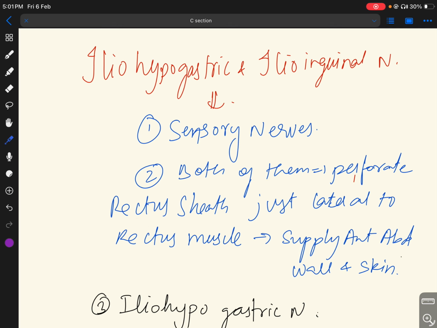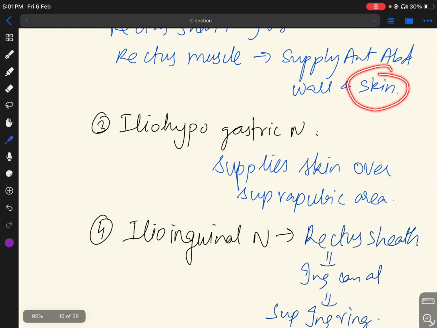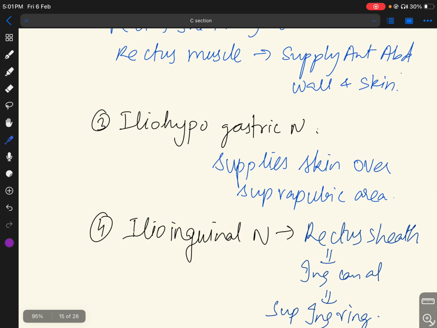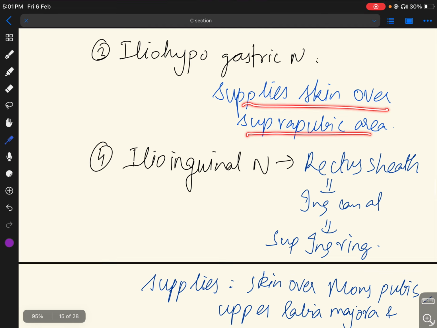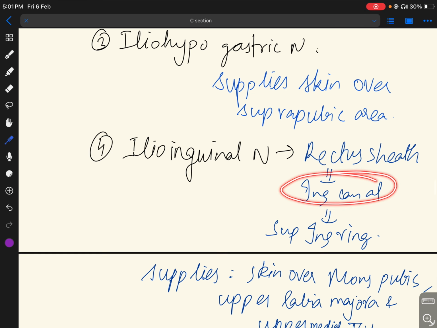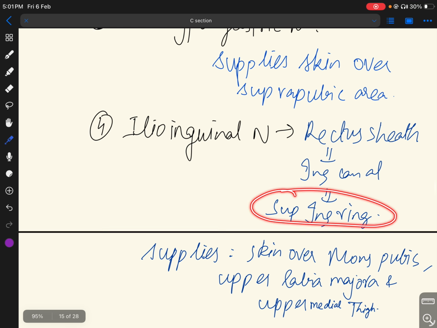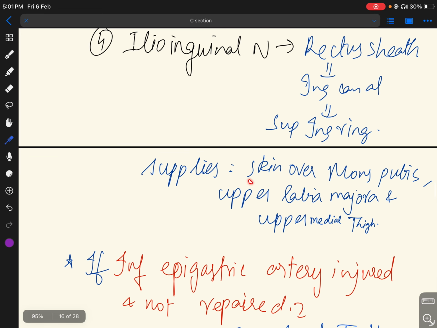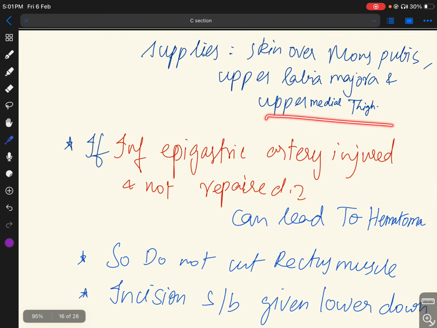They supply the anterior abdominal wall and skin. Iliohypogastric nerve supplies the skin over the suprapubic area, while ilioinguinal nerve will be coming close to the rectus sheath and it traverses inguinal canal and the superficial inguinal ring, and it supplies the skin over mons pubis, upper labia majora, and upper medial thigh.